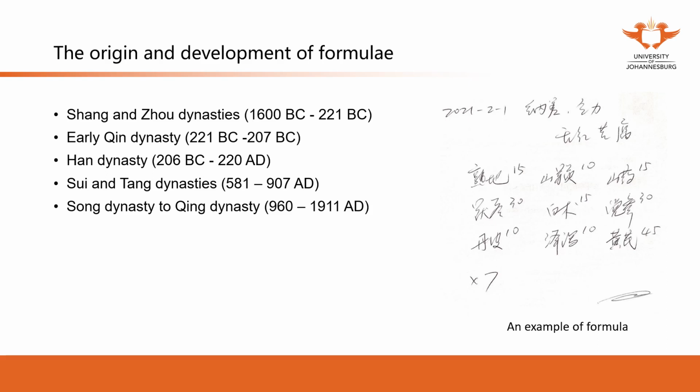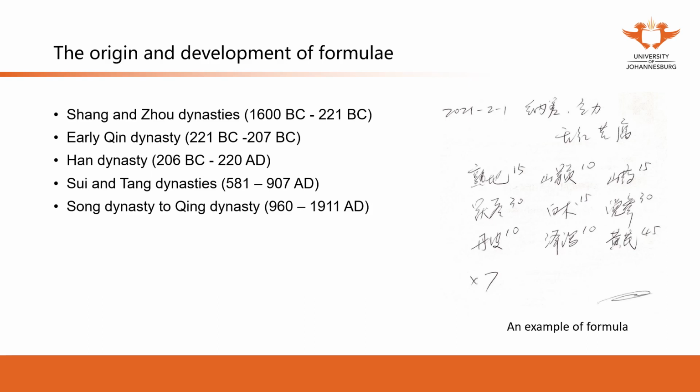Although we don't have the records of Chinese medicine in these dynasties, we have literature records. So from the literature books, we can see some stories that describe the medicine.